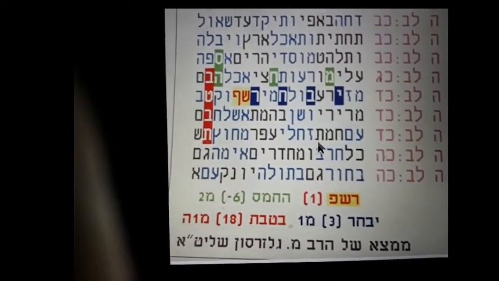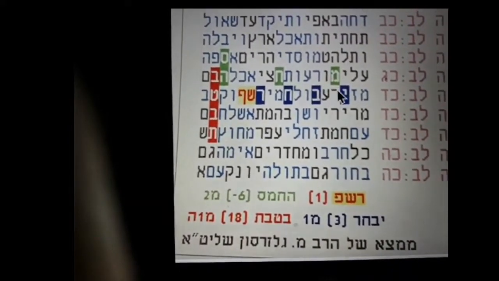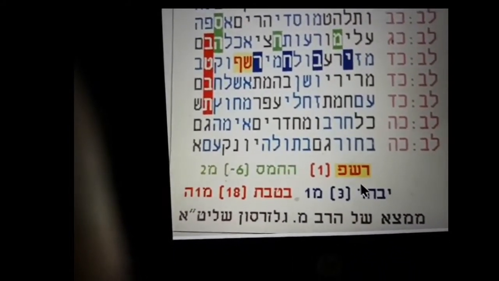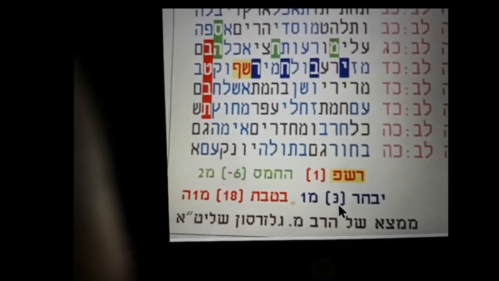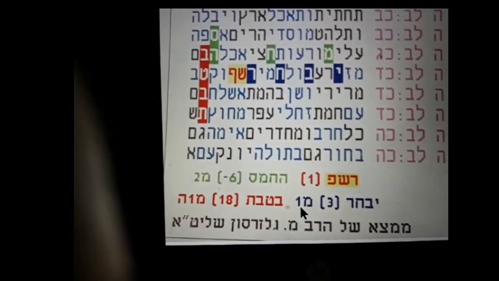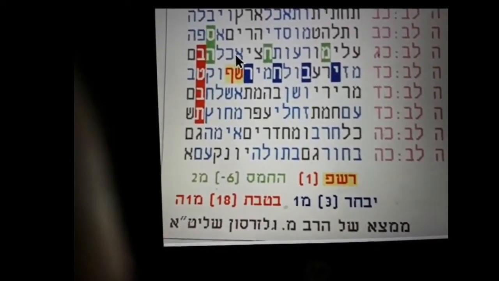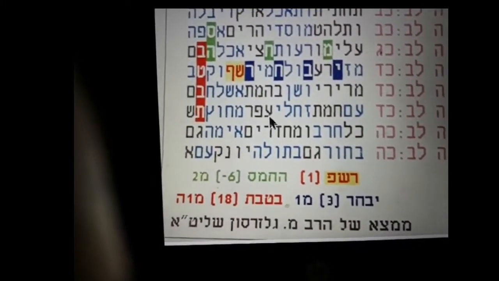Then the Hebrew word Yibacher, which is written here, Yibacher, will be elected. So the word Yibacher, will be elected, every 3 letters, minimal in the whole Torah, exactly with the Hamas and Palestinian Authority.